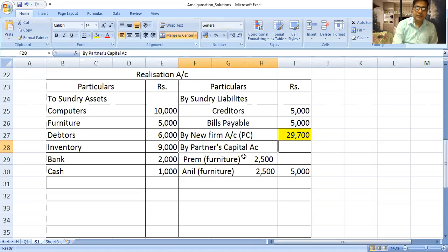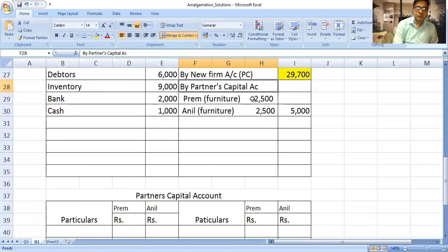Now we also prepare the partners capital account. These particular values we have to show in the partners capital account also.